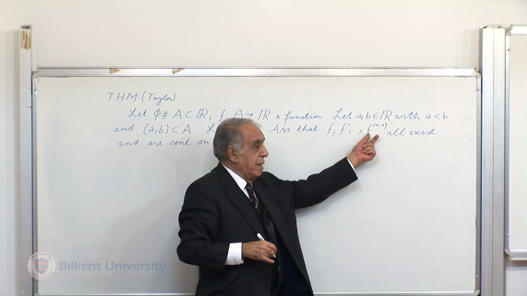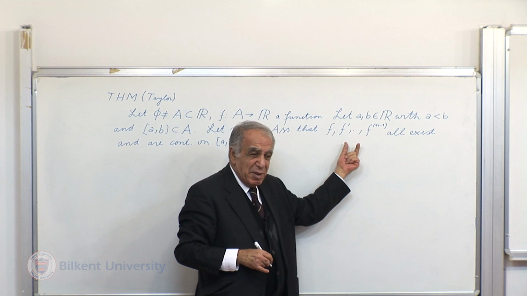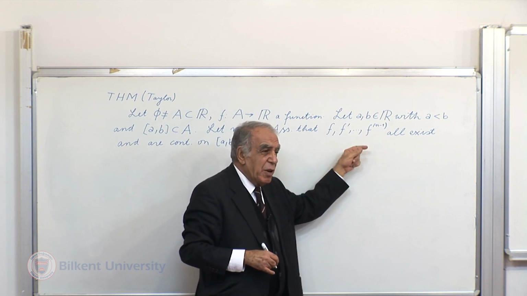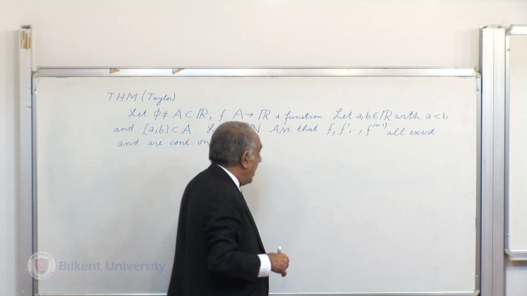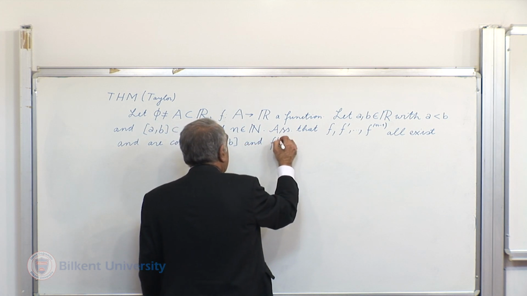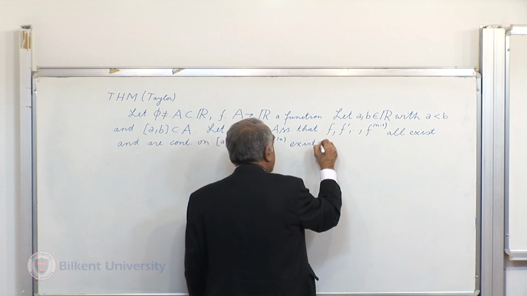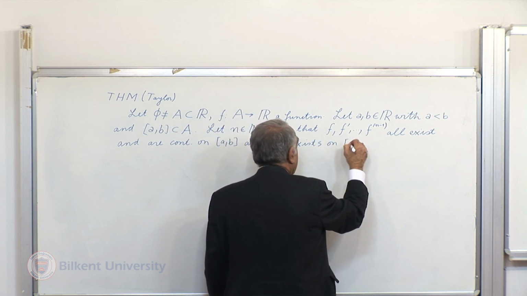But if this exists, then all the previous ones, they should exist and they will be continuous. But let's keep it like this. And f^(n) exists, the nth order derivative exists on (a,b).